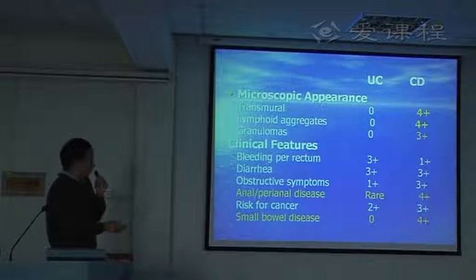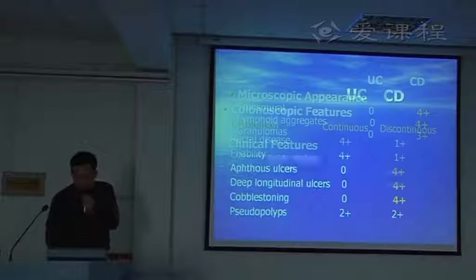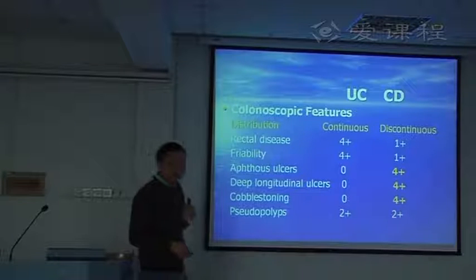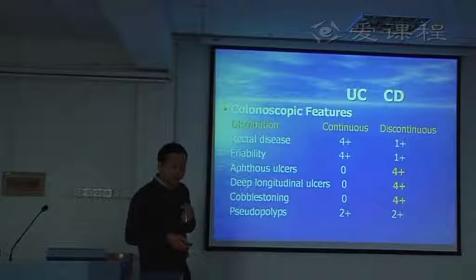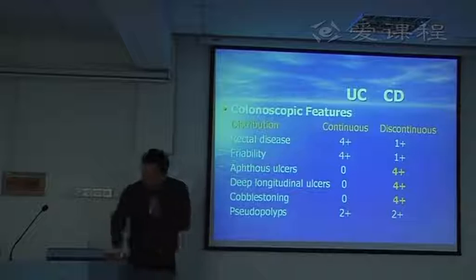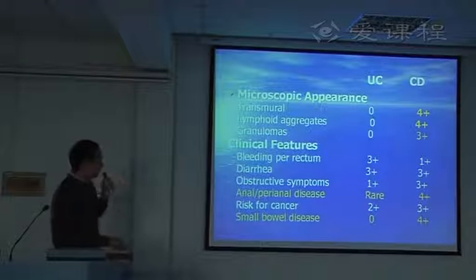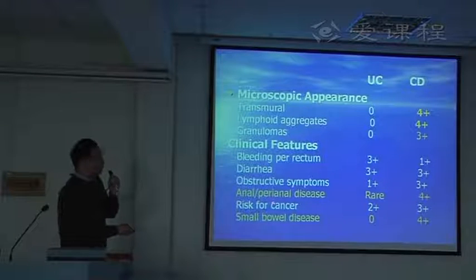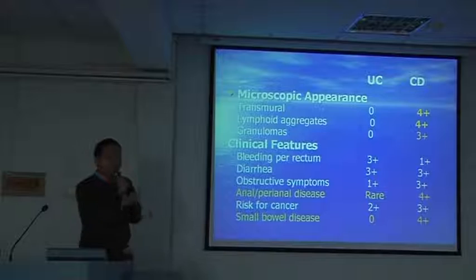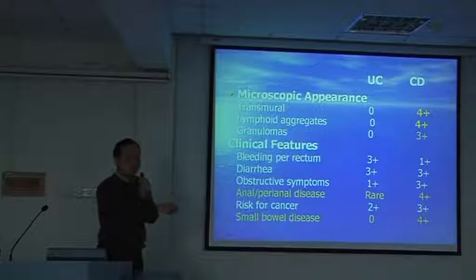So it's not so important. Okay. There's a lot of difference, so you can easily differentiate between these two diseases. Not so easily, because most patients have no anal fistula. If the patient has an anal fistula, you can say maybe this is Crohn's disease.